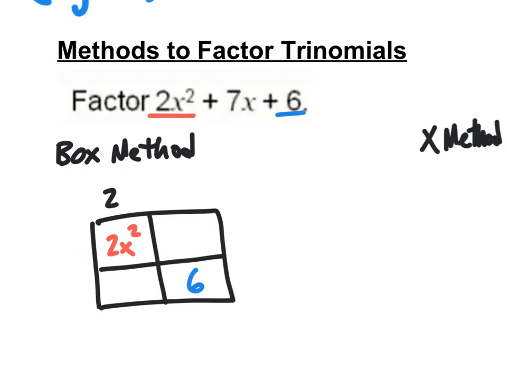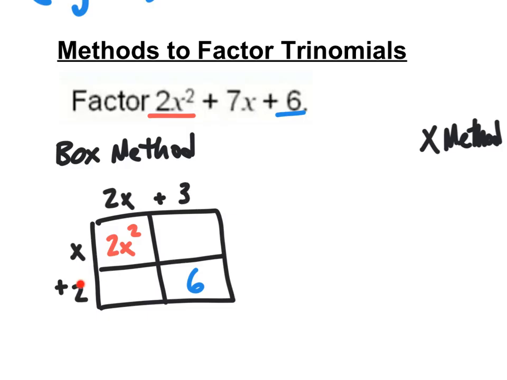One of them is going to be 2x, the other is just an x. Then I ask, what two numbers multiply to give me positive 6? I'm going to put a plus 2 over here, and a plus 3 over here.